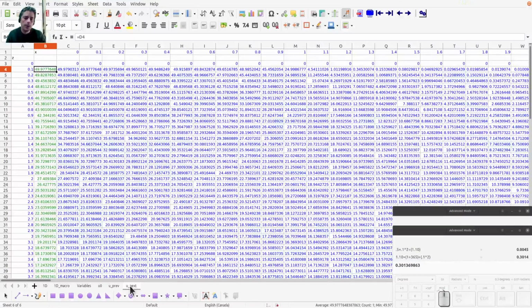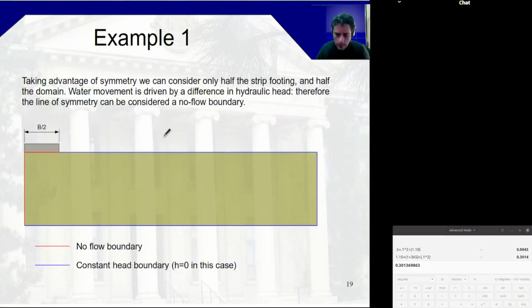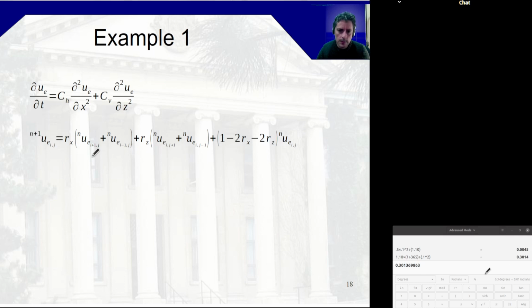The equation was in the x direction, so let's go back. We have Rx times the sum of the two neighbors in the x direction plus Rz times the sum of the neighbors in the z direction.